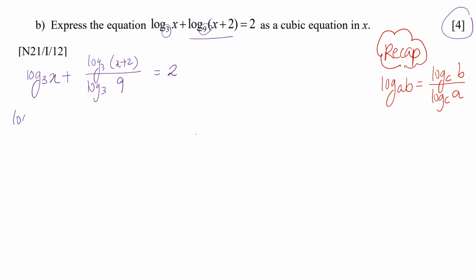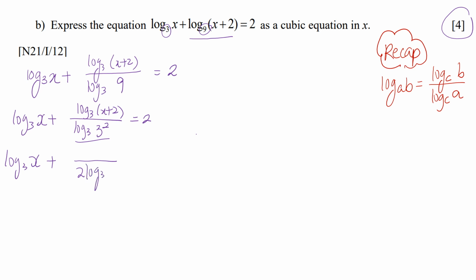Okay, I'm going to simplify further. I can write 9 as 3 to the power of 2. Let's simplify further. Apply the power law to this, so you can bring your 2 down. So you have 2 times log base 3 of 3.